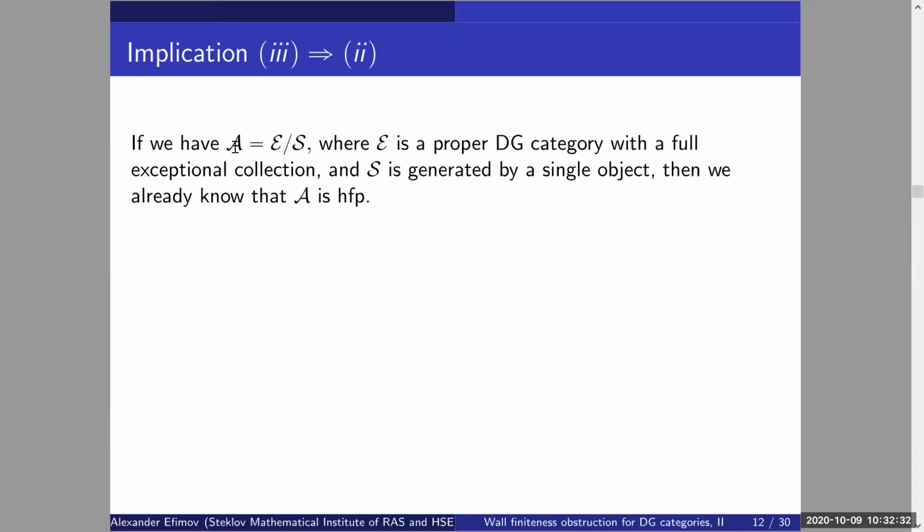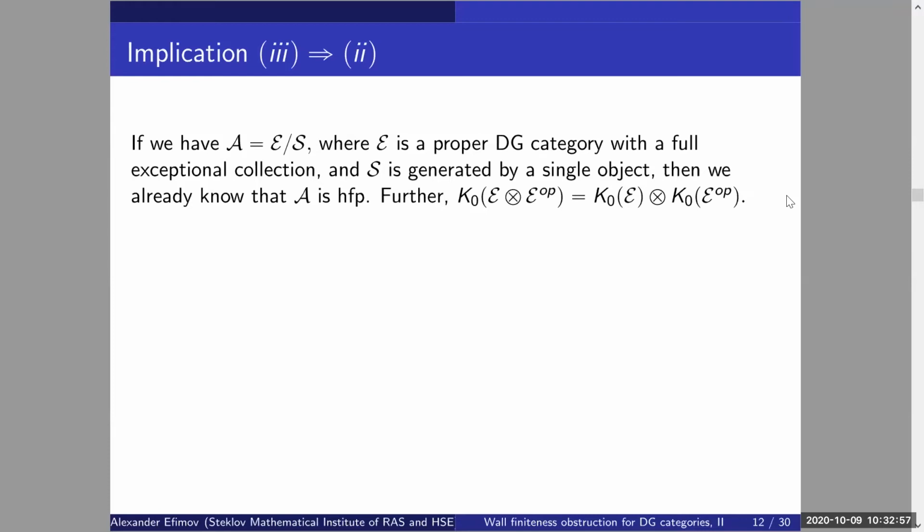So if you take this quotient of a proper DG category with a full exceptional collection by a single object, we already know that this A is finite cell. So in particular, it's homotopically finite. But we also need to show this condition on the class of the diagonal.